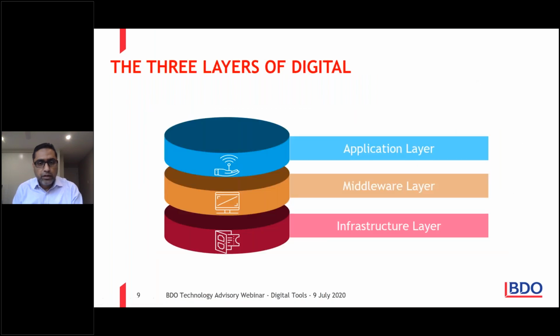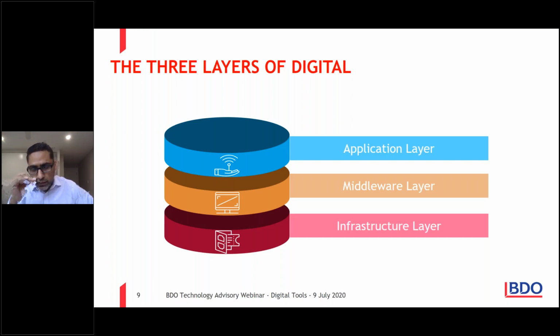When we talk about digital capabilities, it's always easy to get focused on what's on the top layer, which is all the different applications that are coming in the market. But as a part of today's discussion, we'll focus not only on what are the new capabilities that are coming for managing the customer journey and the core processes that we had on the previous page, but also what are the underlying infrastructure or the middleware layers that you need to have in place so that those applications are not standalone, they are a part of the overall enablement within your organization.